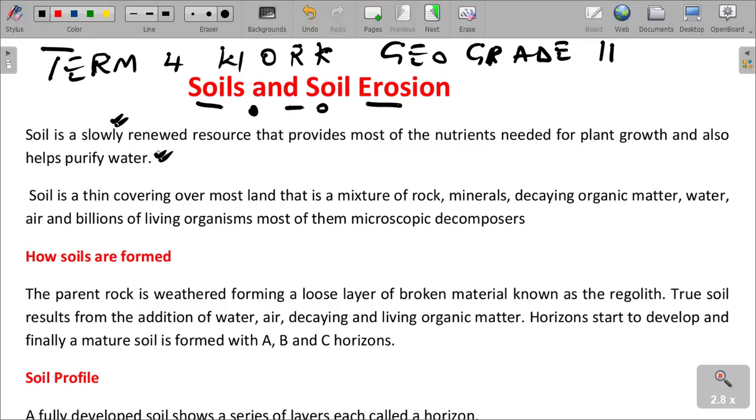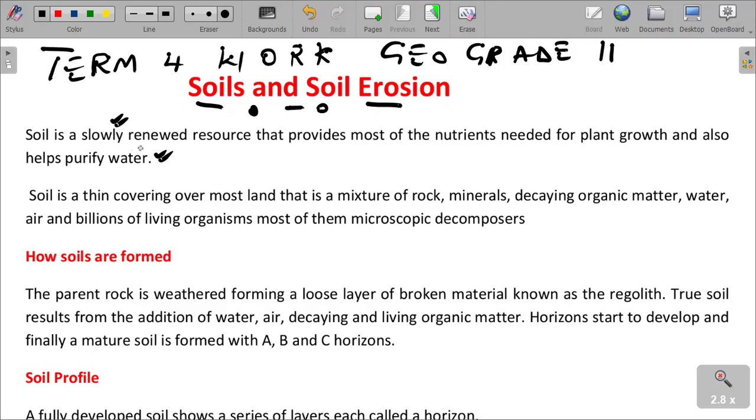I'm sure that vegetation cannot be there if there is no soil. Plant nutrients come from the soil, and plants are able to survive because they obtain the nutrients from the soil.